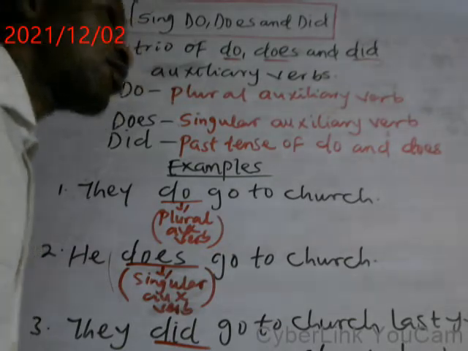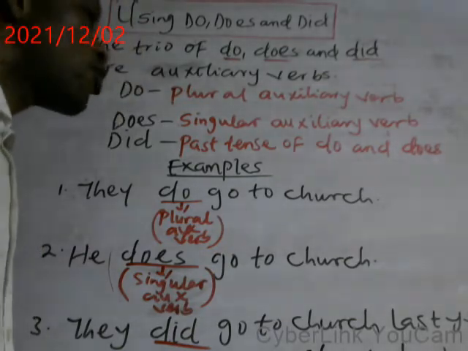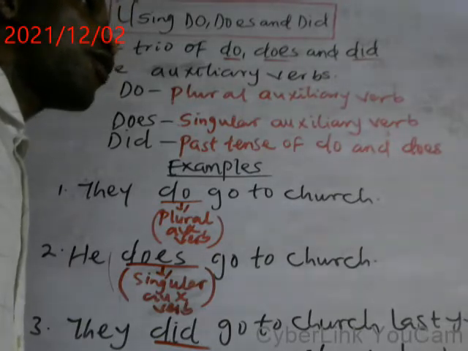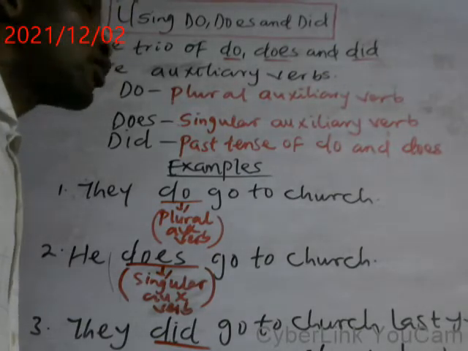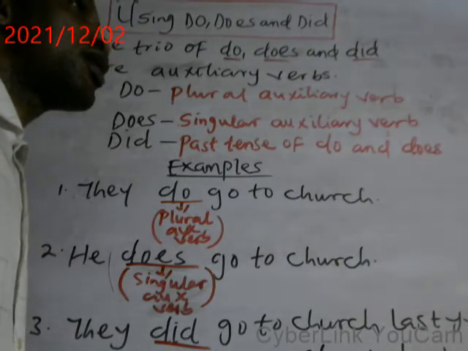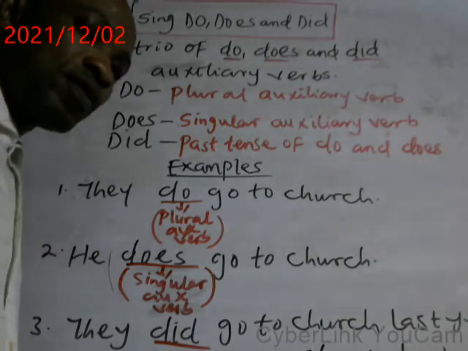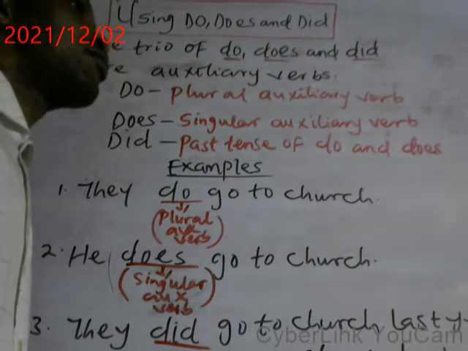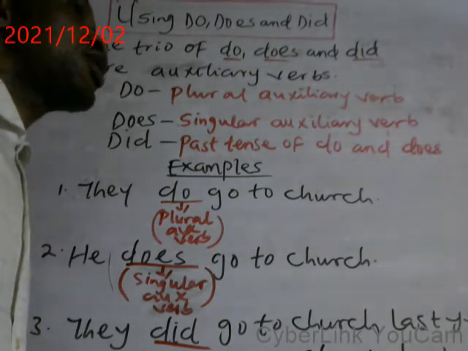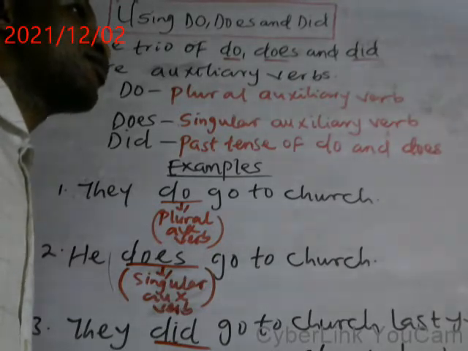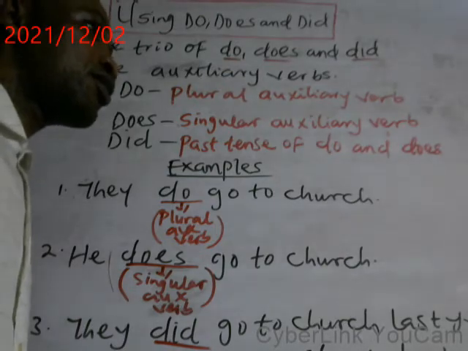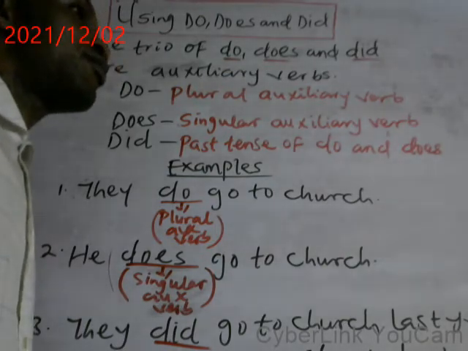Auxiliary verbs are also known as helping verbs. These verbs, they don't indicate actions on their own, but at times when they are used alone in a sentence, they express state of being.